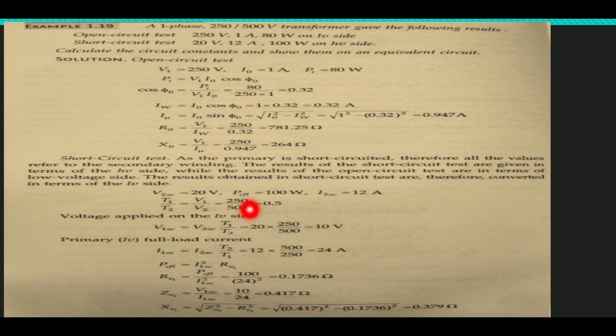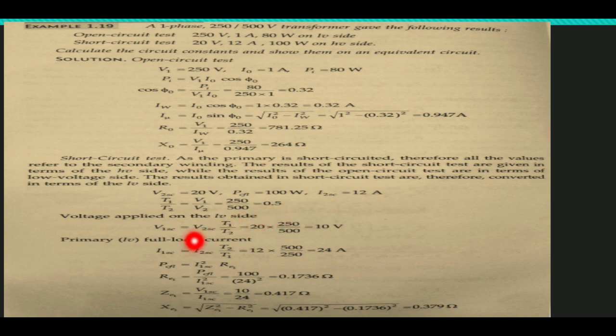PCFL, that means the full load copper power loss, equals 100 watt, and I2SC, the short circuit current, is 12 ampere. We know the turns ratio T1 by T2, for a step up transformer, is 250 by 500, that is 0.5.